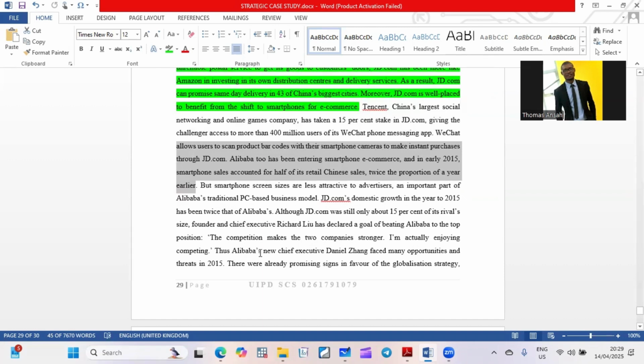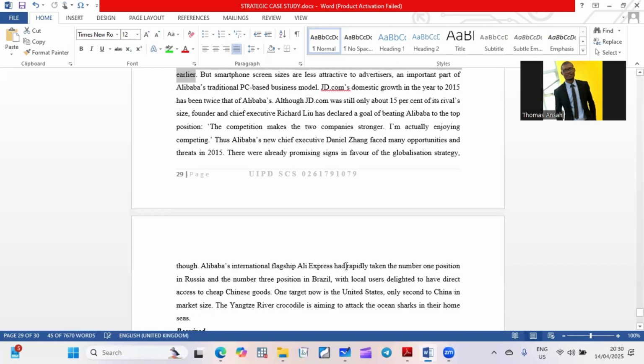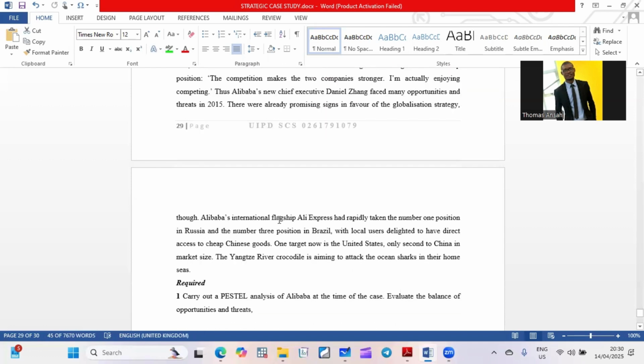Alibaba's new chief executive Daniel Zhang faced many opportunities and threats in 2015. There were already promising signs in favor of the globalization strategy, as Alibaba's international flagship AliExpress had rapidly taken the number one position in Russia and number 3 in Brazil, with local users delighted to have direct access to cheap Chinese goods.